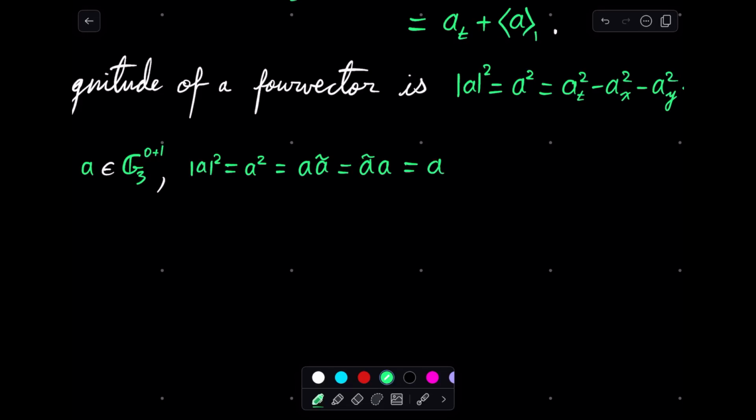And this ends up being a scalar. So you end up with a real number, A_t squared minus A_x squared minus A_y squared minus A_z squared.